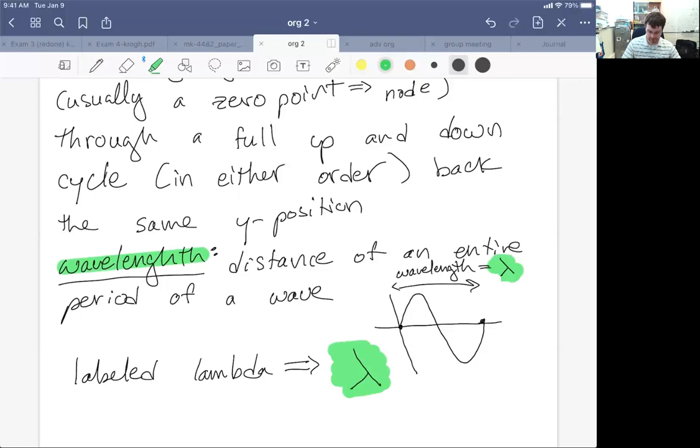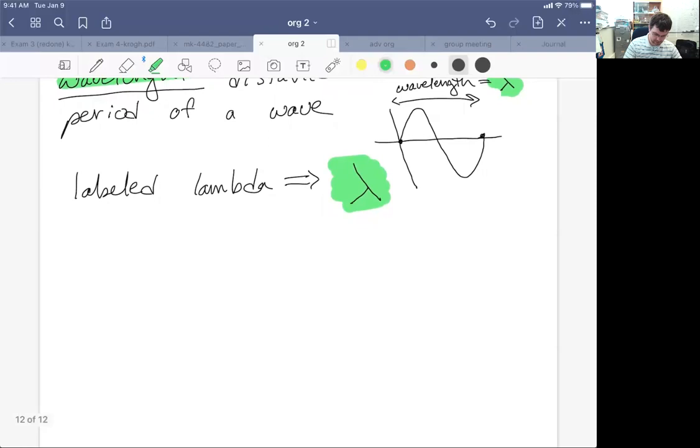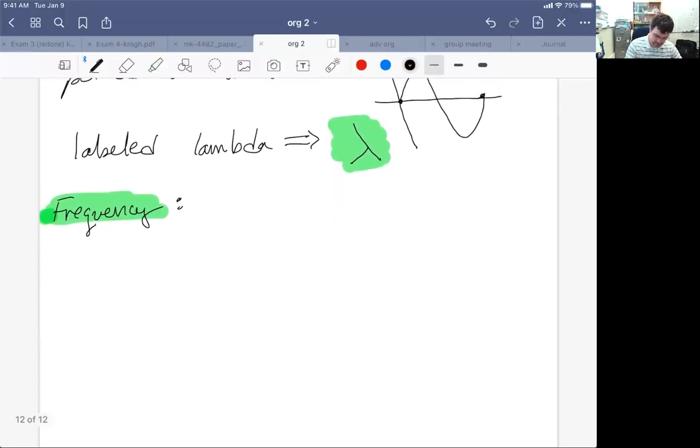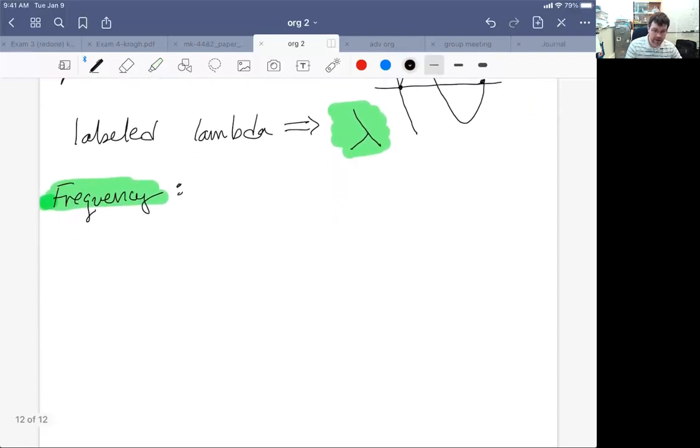Now, another term that's useful, that's really critical to understanding wave mechanics, is the idea of a frequency. So frequency is another term worth highlighting when you're studying wave mechanics. And that is the number of periods that occur per unit of time.